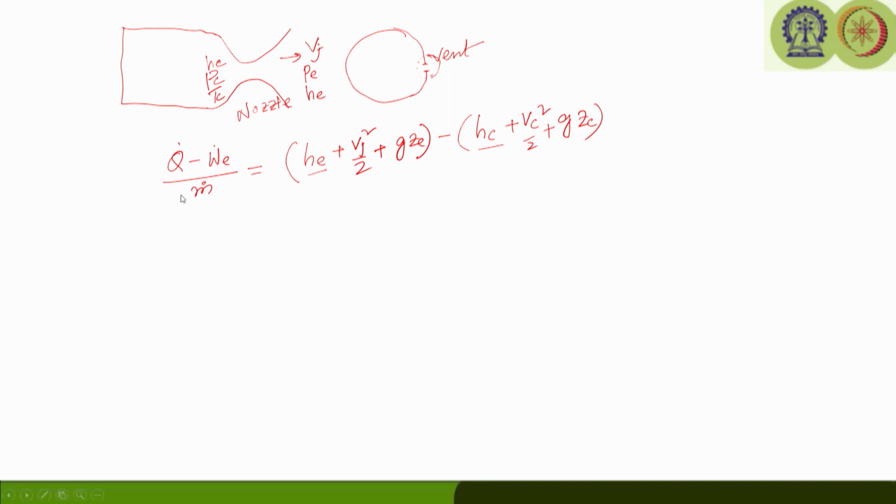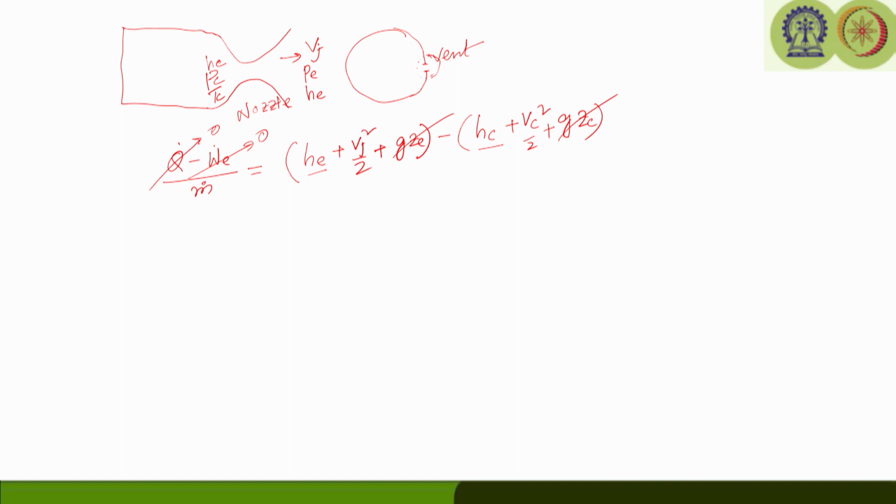We have already considered adiabatic flow, so we can take the heat term as 0. There is no work, so we can consider that as 0. So eventually this equation becomes this equal to this, and the difference between ZE and Zc is minimal, so we can take out these two terms also.